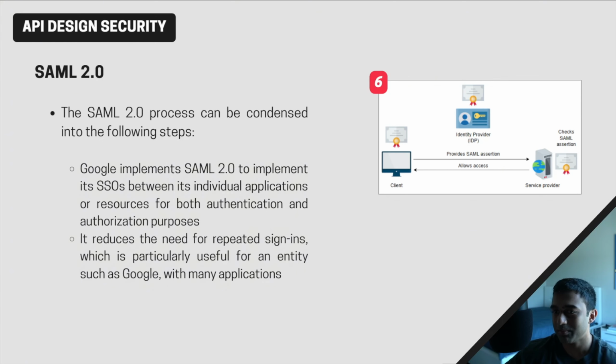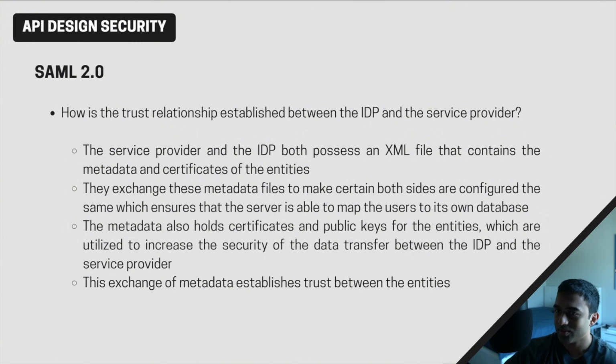And Google implements SAML 2.0 to implement its own single sign-on between its individual applications or resources for both authentication and authorization purposes. It reduces the need for repeated sign-ins, which is particularly useful for an entity such as Google with many applications. So, how is the trust relationship established between the IDP and the service provider?